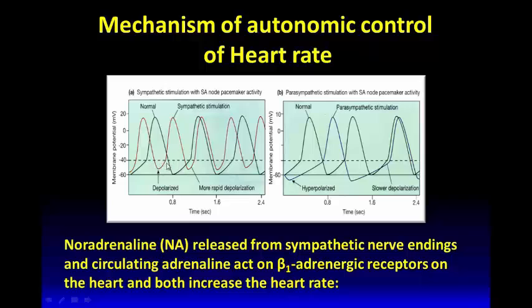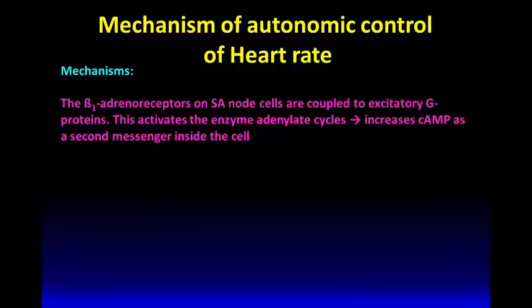So with sympathetic stimulation, the pacemaker potential takes shorter time to reach the threshold level. Hence, the sinoatrial node, the pacemaker of the heart, fires high frequency action potentials and the heart rate increases. How does this happen? What is the mechanism?